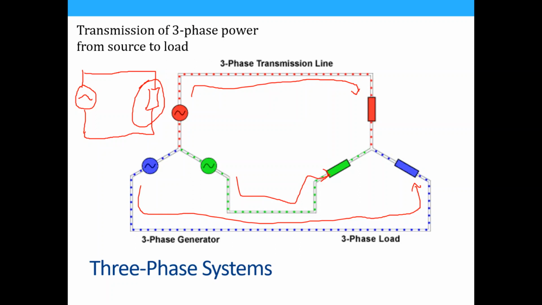All right. So basically, if we're gonna use a single phase system, we're using two very long lines to service one household. But if we use a three-phase transmission line, we're actually using three lines for three households, which corresponds to one line per household.